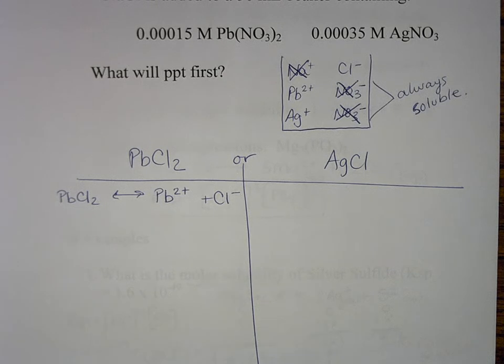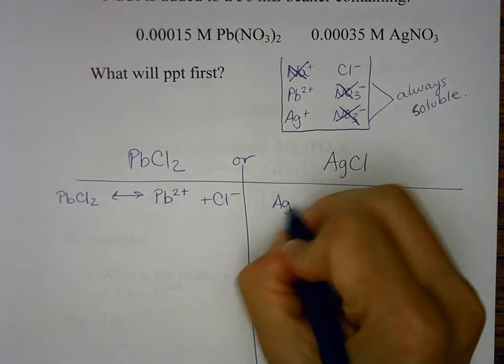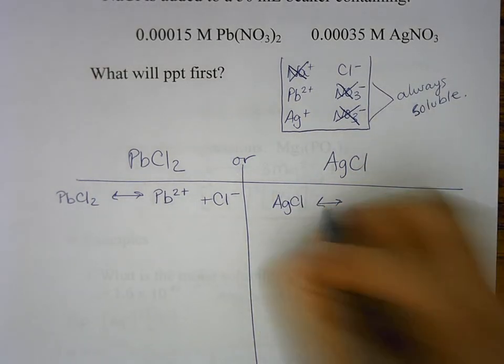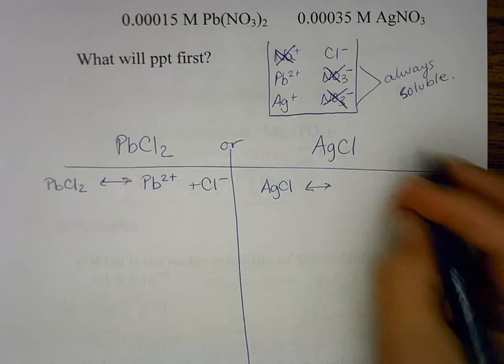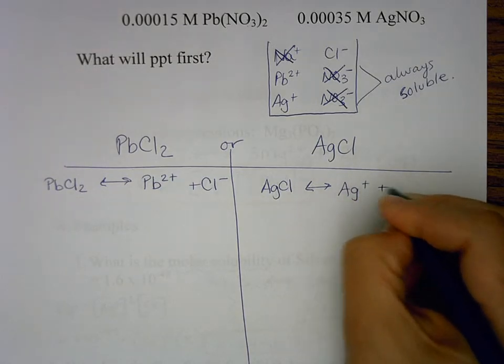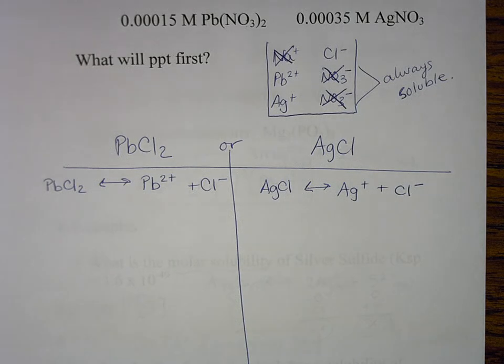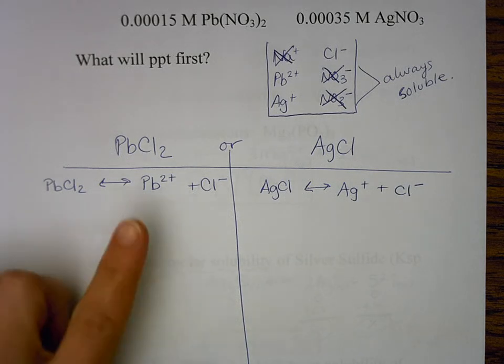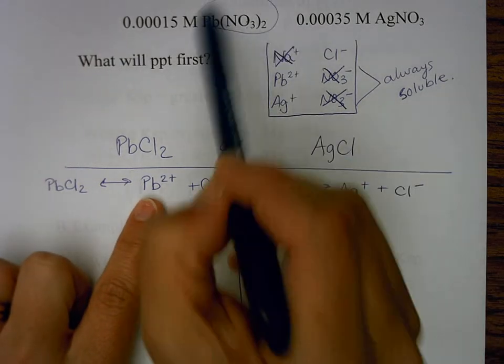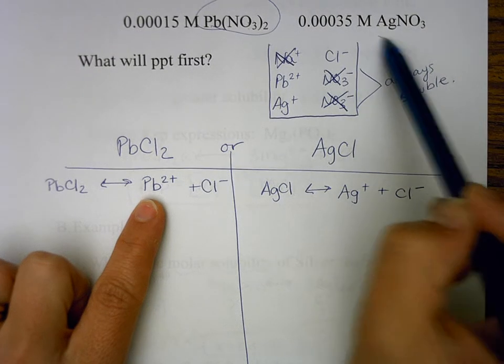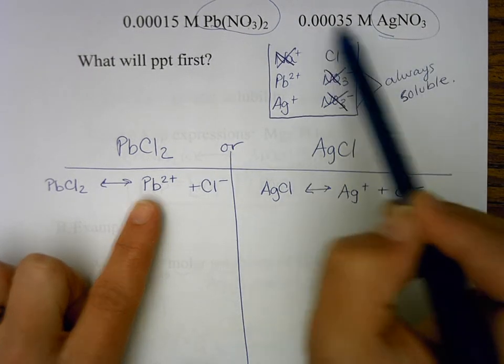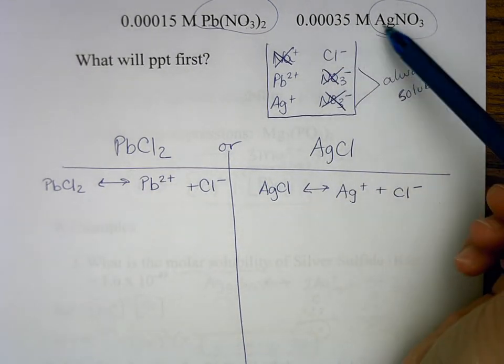Silver chloride would break apart into silver and chloride ions. Now I was given the initial concentration of lead nitrate and the initial concentration of silver nitrate, which basically also gives me the initial concentrations of silver ions and lead ions.